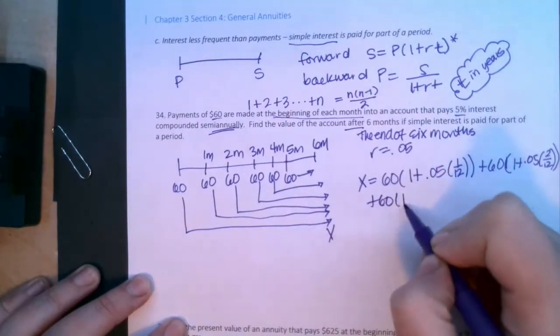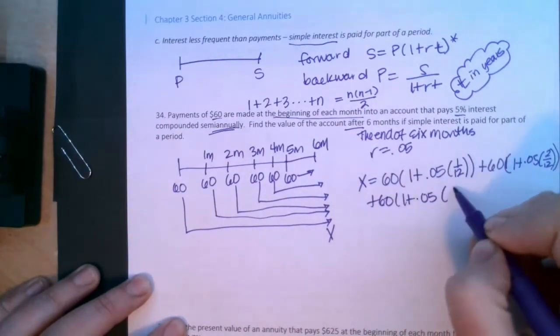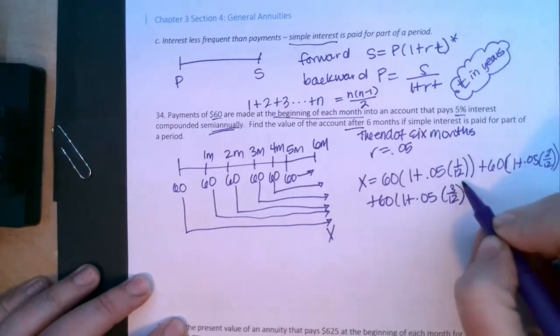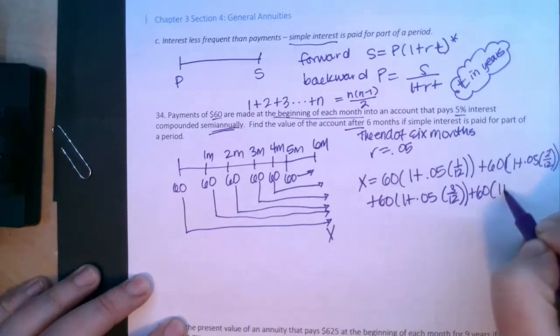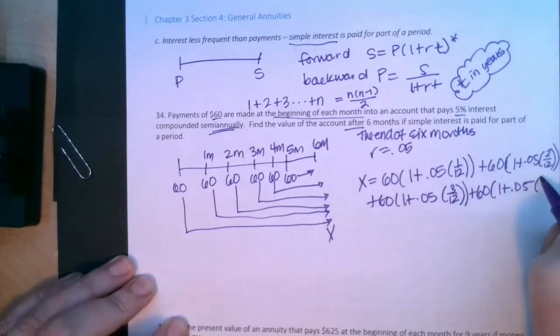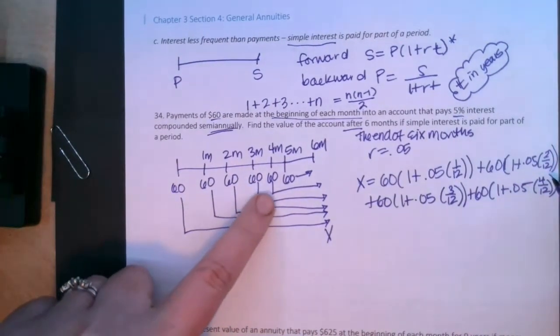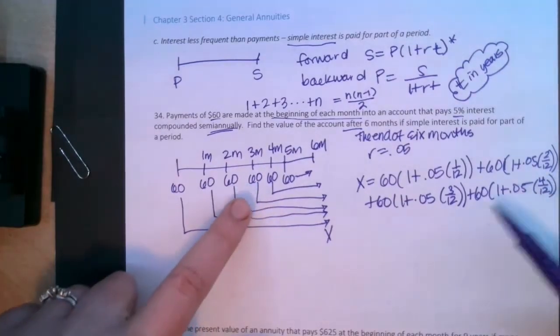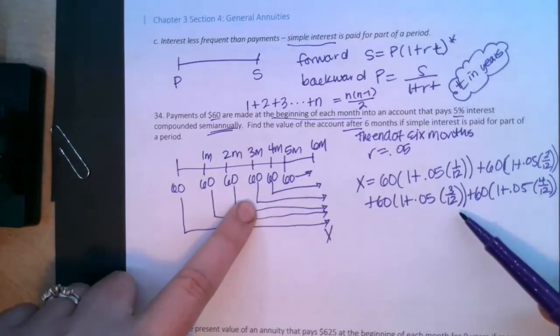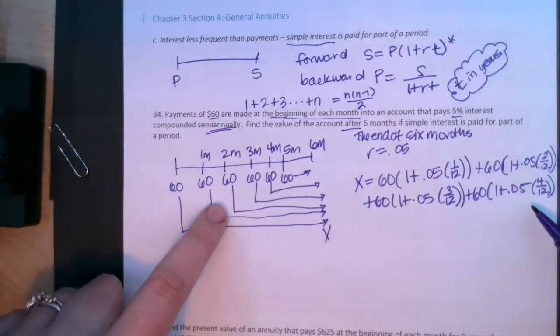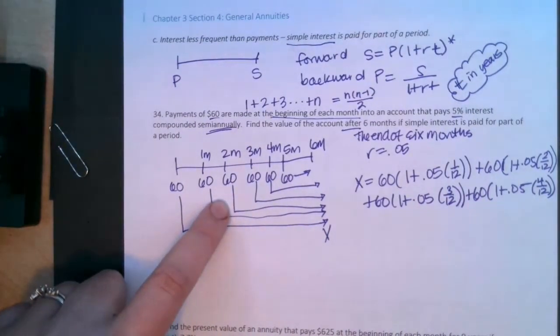I'm going to write out the big long thing here, and then I'll show you the condensed version. So 2 months would be the payment from the beginning of month 4. 3 months would be the beginning of the 3rd month. 4 months would be the beginning of the 2nd month.